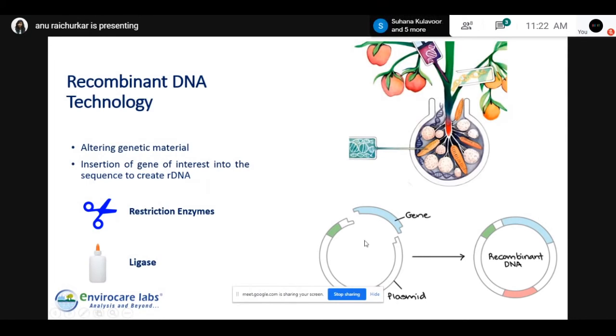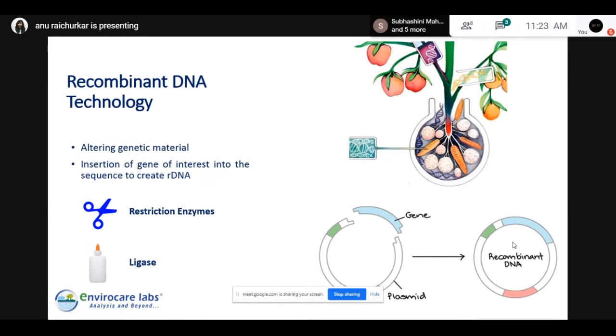So what we do is we cut a particular sequence of the plasmid DNA and we insert our gene of interest. In the case of GM crops, the most common gene that is used is the cry gene, which is responsible for insect resistance. That cry gene is incorporated into the plasmid. The process of cutting is done by the restriction enzymes, and then it is pasted with the help of ligase, and then we get what is called a recombinant DNA.